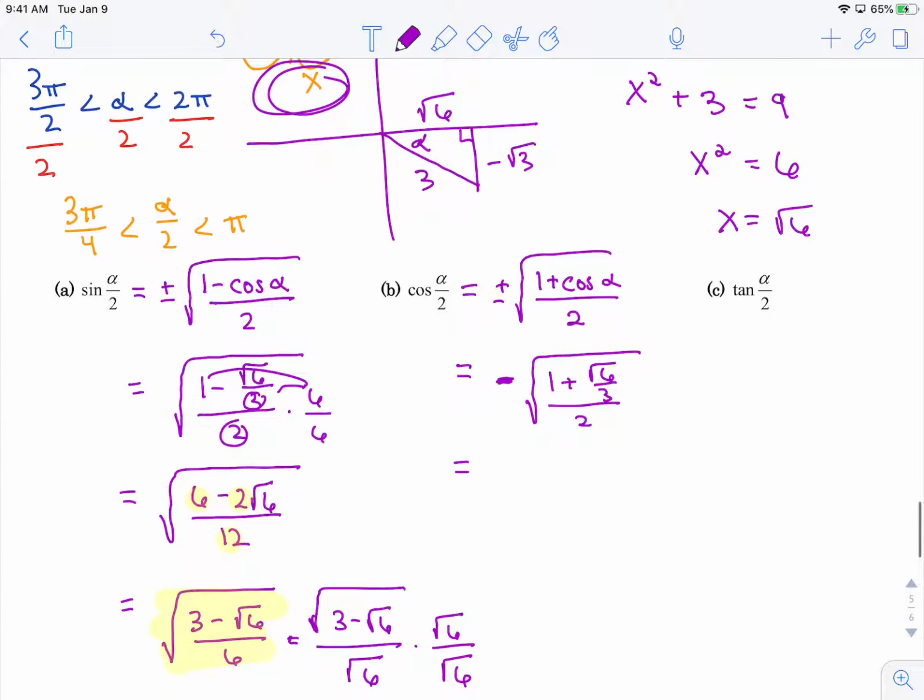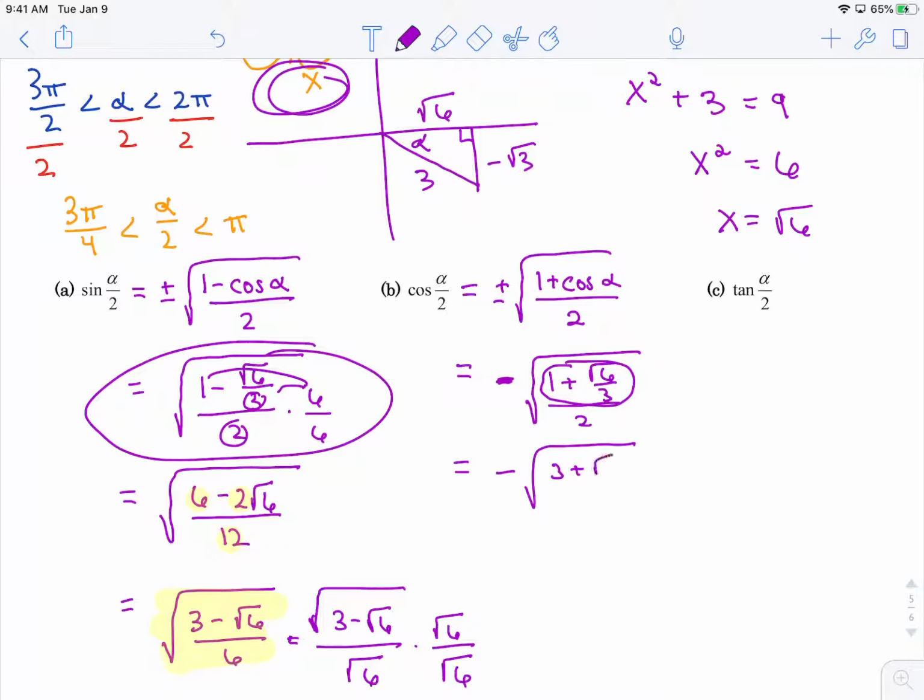And another way we could have cleaned it up, versus the way I showed right here, is I could go ahead and combine that numerator, and I get 3 plus root 6 over 3, and that whole thing is over 2. Again, make sure that root is covering everything.